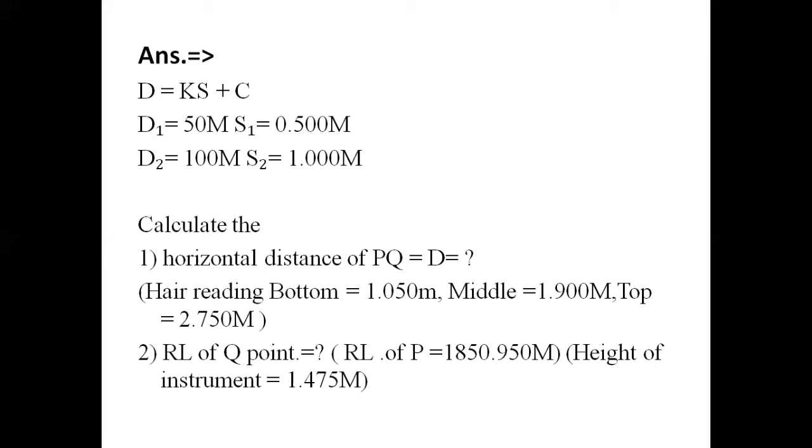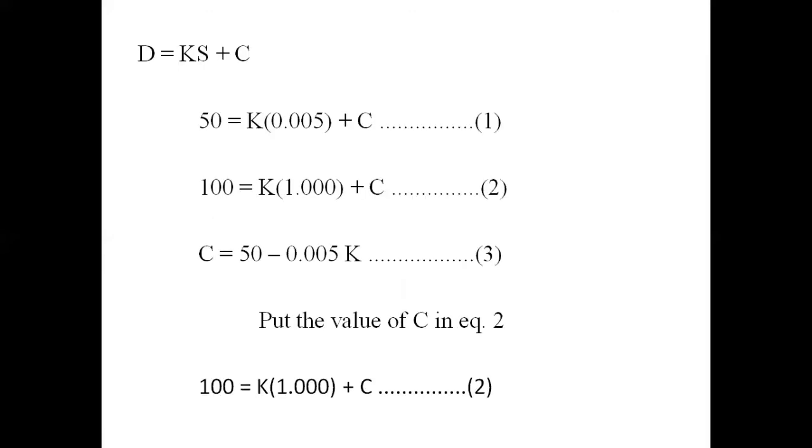Let's find out the horizontal distance of PQ. According to our derivation, the equation of D is K times S plus C. In that case, we do not have the values of K and C, so you have to find the values of K and C first of all.